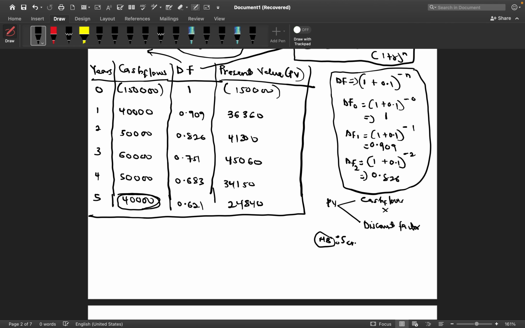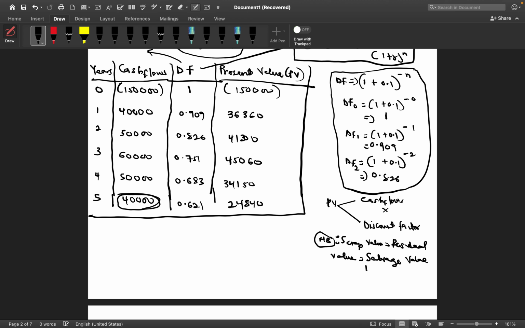So, scrap value. In some questions, they might not give you scrap value. They will state it as residual value. Scrap value is the same as residual value. You might also see salvage value. It's the same thing.